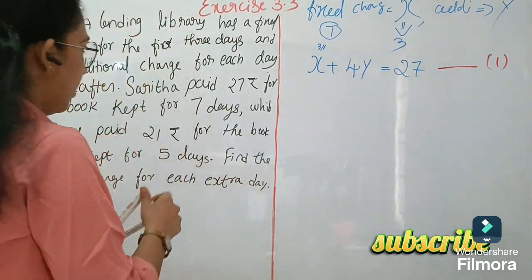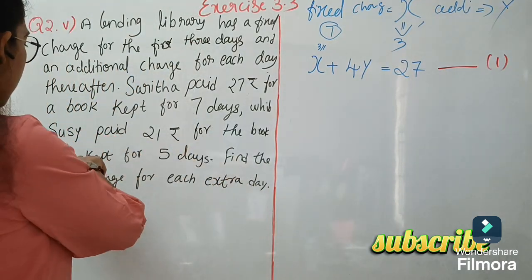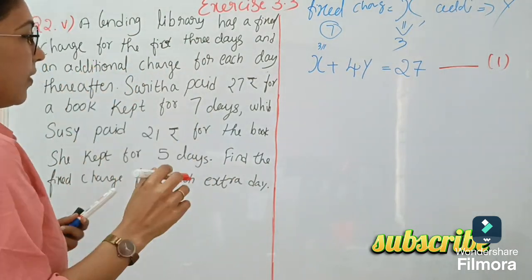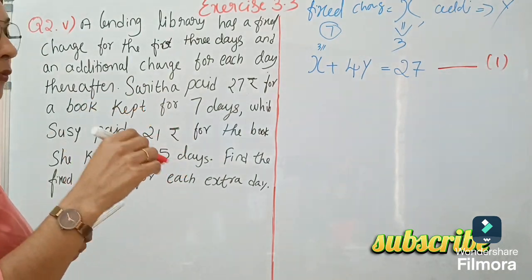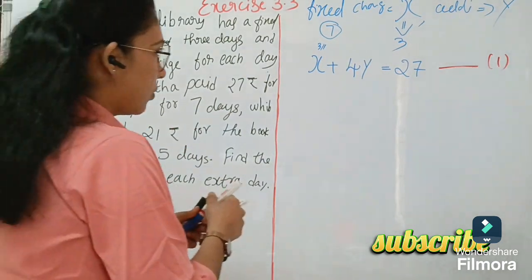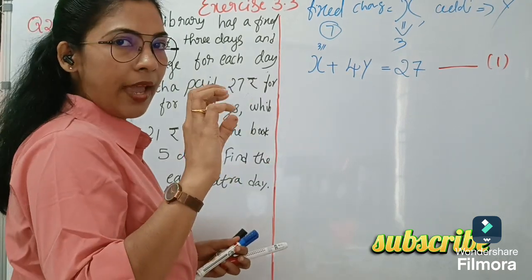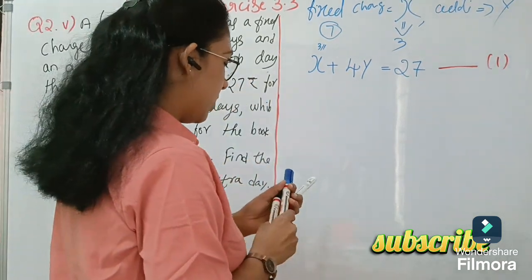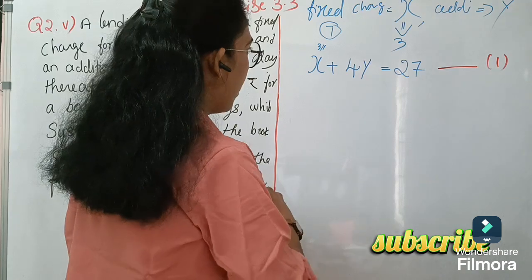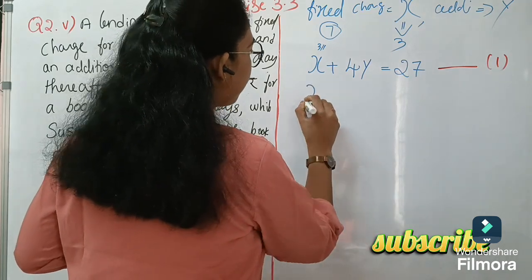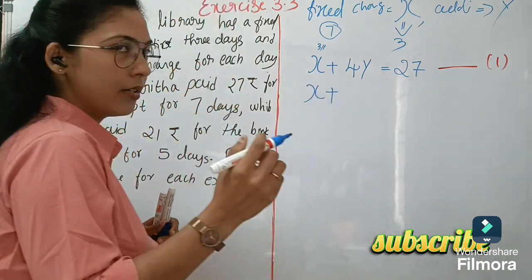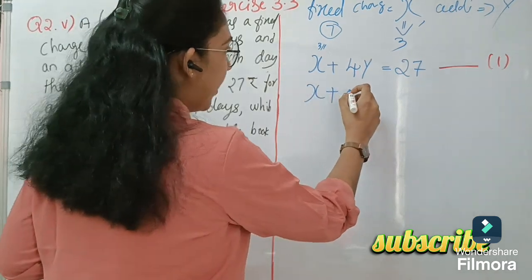And what is next? Susie paid 21 rupees for the book she kept for 5 days. In 5 days, 3 days we pay only the fixed charge, which means X plus, the remaining days are 2 days.